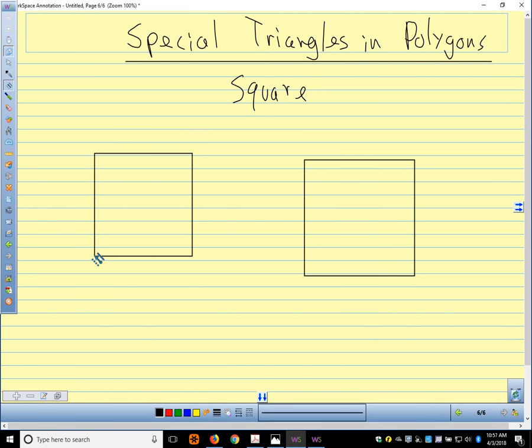If we divide a square in half, the diagonals of the square, what do they do to these angles? Bisect them, we get a 45, 45, 90 triangle. So cutting a square in half gives us a 45, 45, 90 triangle.